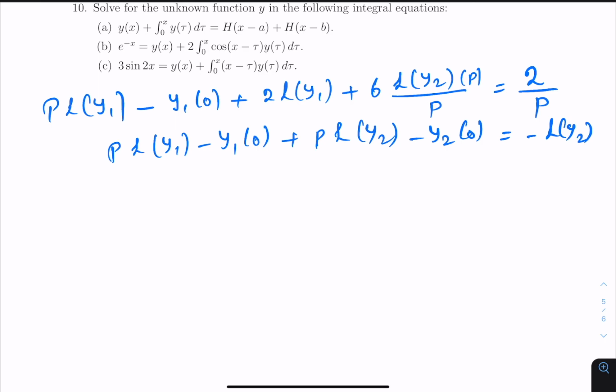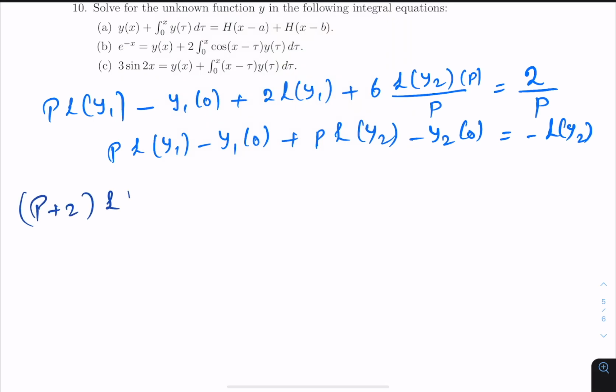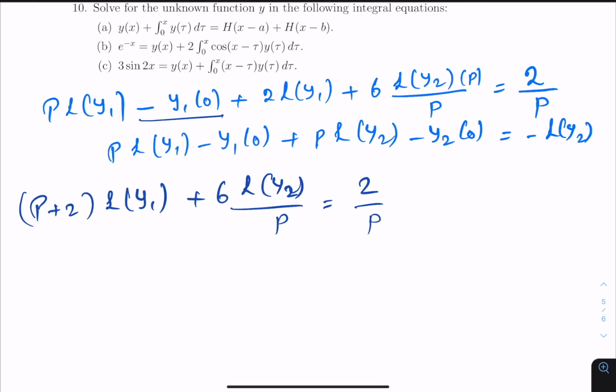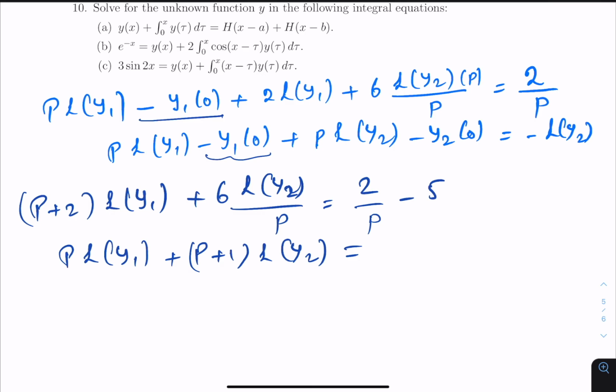So the first equation becomes p plus 2 times Laplace transform of y1, plus 6 times Laplace transform of y2 over p is equal to 2 over p, and this term y1 of 0 is minus 5, so this is plus 5, that becomes minus 5 when you take it to the other side. And here you get p times Laplace transform of y1 plus p plus 1 times Laplace transform of y2 is equal to, this is plus 5 and this is minus 6, which is minus 1. On that side it becomes plus 1.